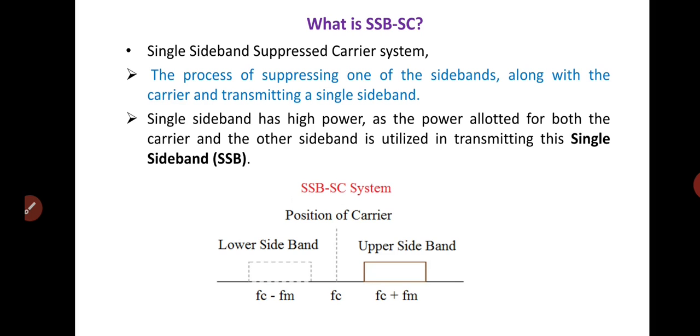So why should we waste the power again in sending the information with the two sidebands? So the concept of single sideband suppressed carrier system comes out. This is the process of suppressing one of the sidebands along with the carrier and transmitting a single sideband.